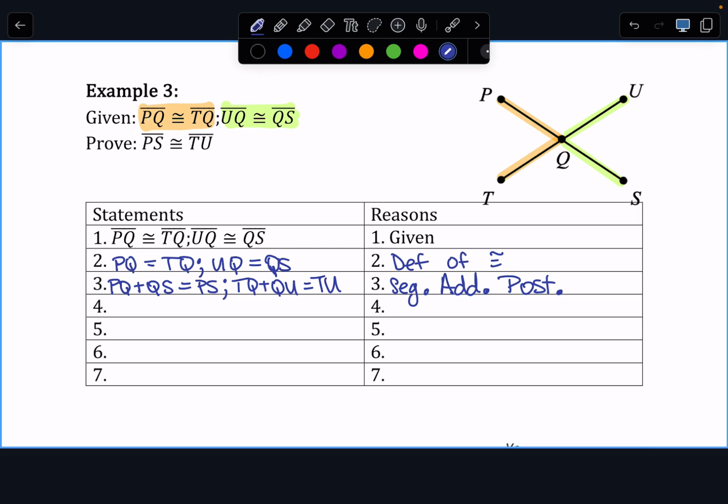Okay, so maybe we can use these right here. Like this feels very similar, doesn't it? All right, so who do we want to replace? So PQ is TQ and QS is QU.